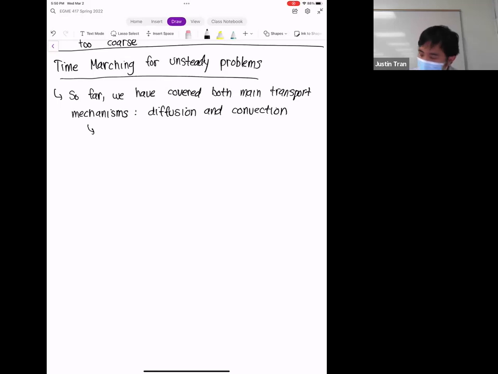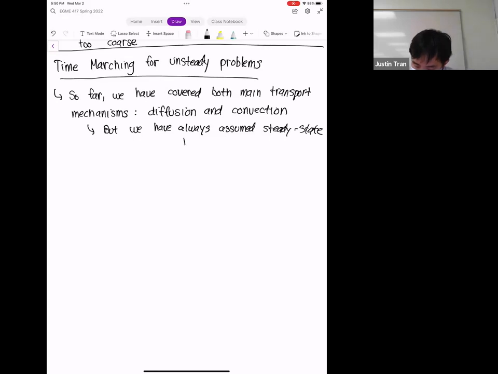But what we are doing is essentially relaxing one of the assumptions that we've been making. And that assumption was the assumption of a steady state solution.